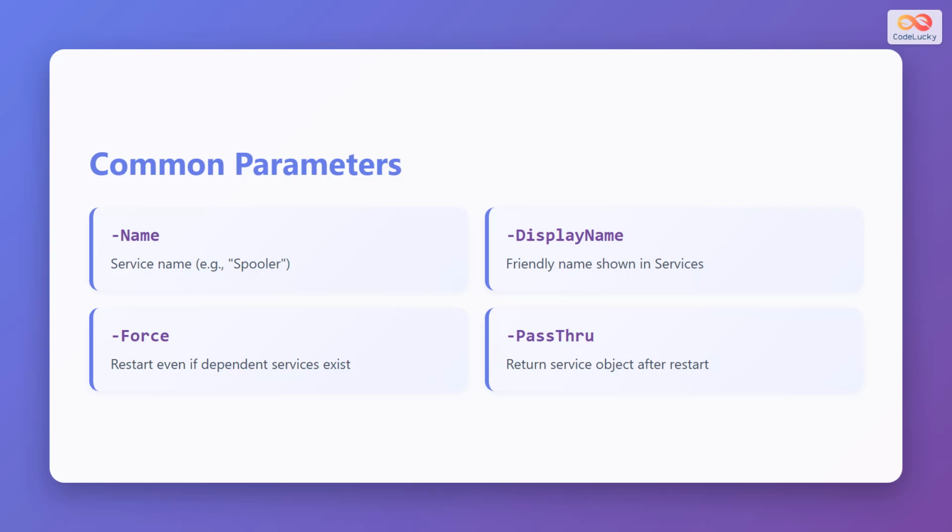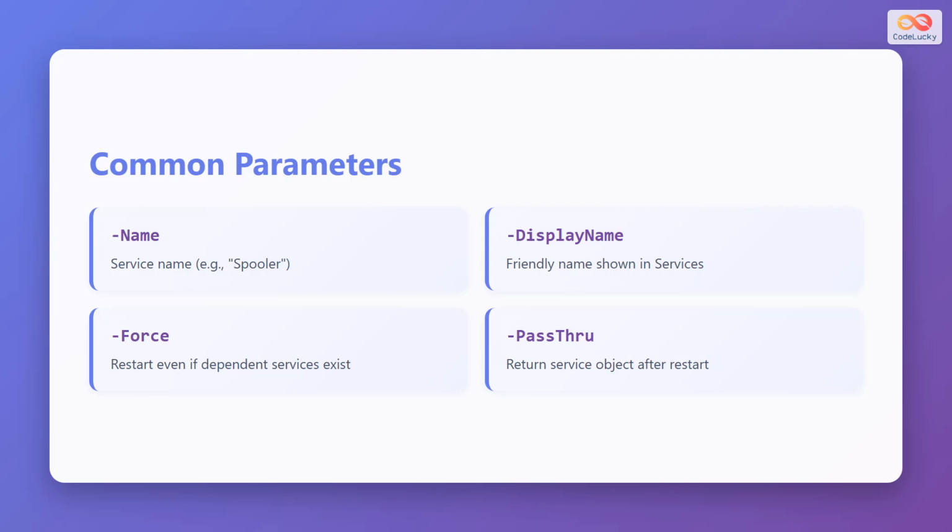The Restart-Service cmdlet supports several useful parameters. The -Name parameter accepts the service name, such as spooler. The -DisplayName parameter allows you to specify the friendly name shown in the service's console instead. The -Force parameter is particularly important when dealing with services that have dependencies.